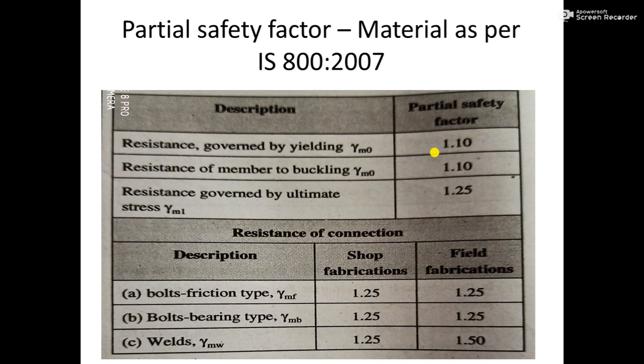But for welds it differs, that is gamma mw, where w is the weld and gamma m is the partial safety factor for that member. In shop it is 1.25, while for field it is 1.50. These values you must remember.